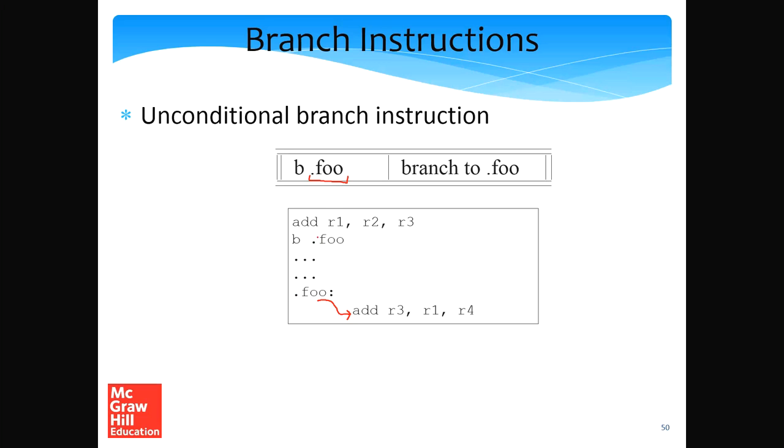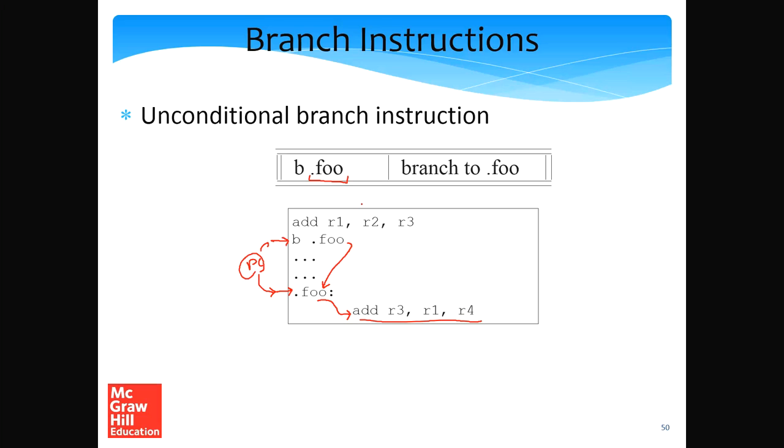What we can later do is have this statement b foo, where the branch statement would transfer the control of the program from this particular line over here to this line here. The program counter would initially be pointing to this line, and subsequently it will start pointing to this line, and this statement will get executed.